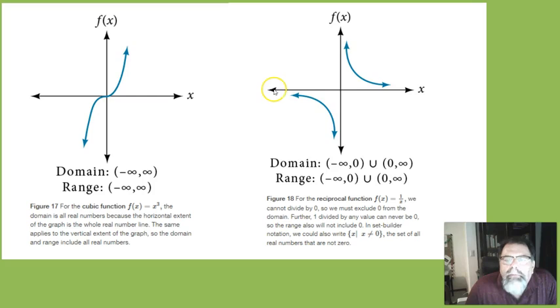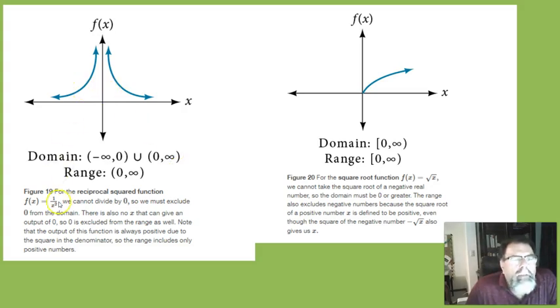So the domain is negative infinity to 0 with parentheses, and then from 0 to infinity. And the range, same thing, right? It's from negative infinity to 0, and then 0 to infinity. So the same domain and range. Okay, can't be 0 for x, can't be 0 for y.